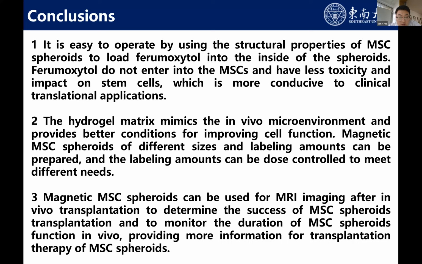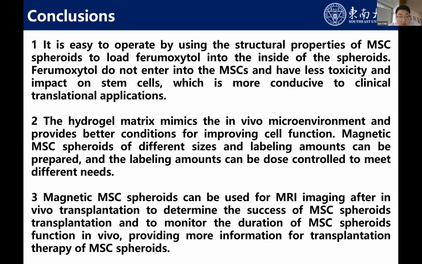The hydrogel mimics the in vivo microenvironment and provides better conditions for improving cell function. Spheroids of different sizes and labeling amounts can be prepared, and the labeling amounts can be concentration controlled to meet different needs.